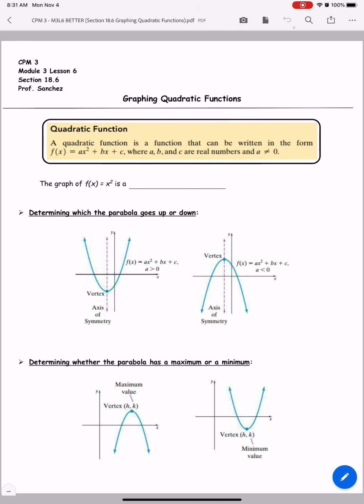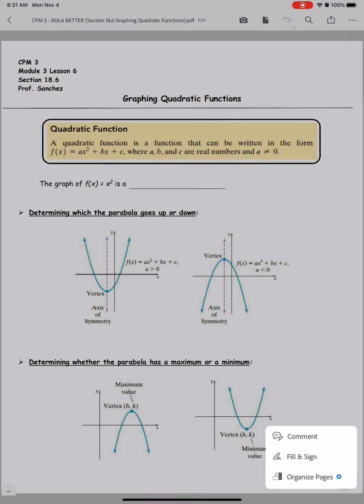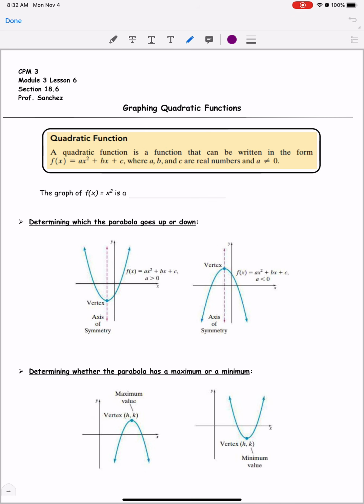So, this whole module has been over quadratic functions. We have factored, we've used the quadratic formula, we've solved by factoring. Now we are going to actually start graphing these. A quadratic function is anything that has that squared x.